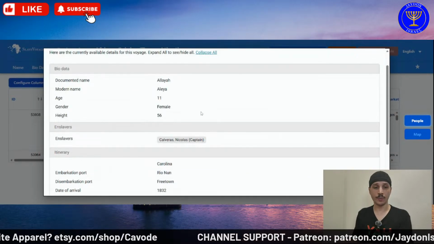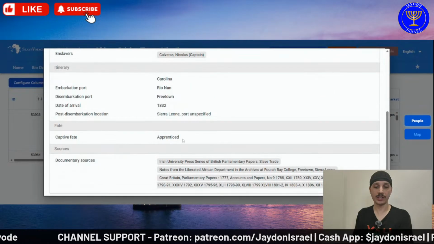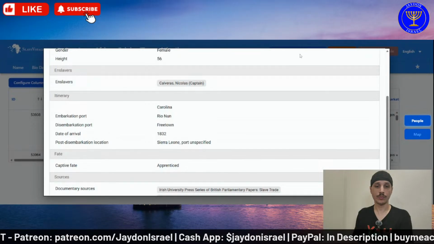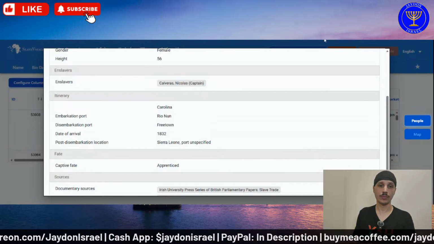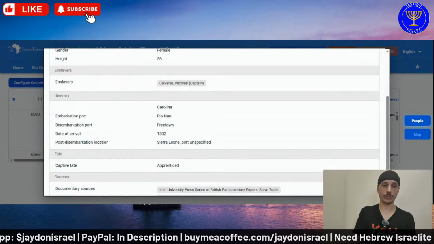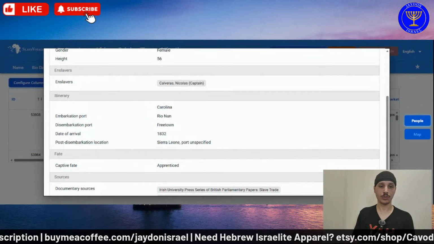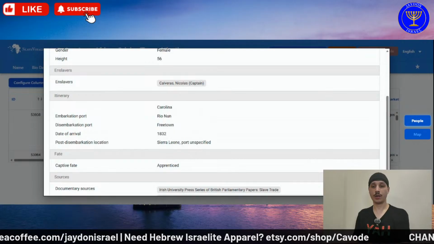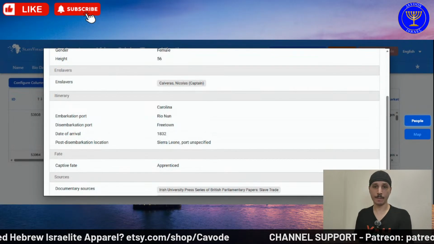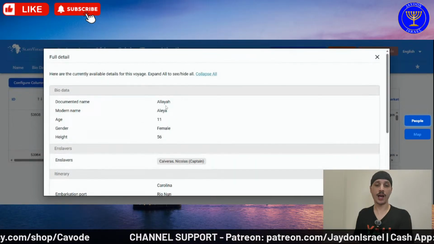As we see, she was 11 years old. It says captive fate, a princess. And if you're wondering where Real Noon is, in Nigeria. Let me highlight over it. She was taken. Aliyah, Alaya.